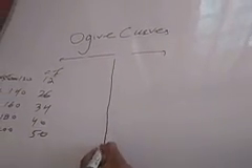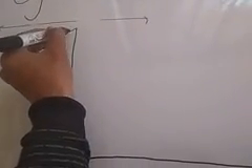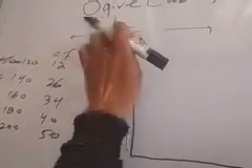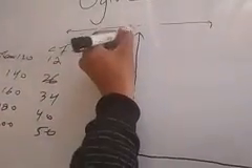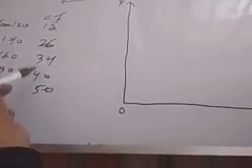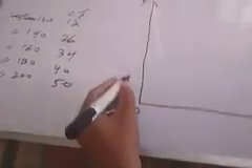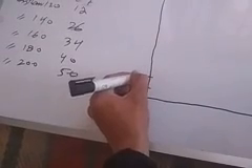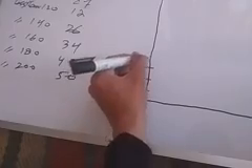Let us draw the graph. Cumulative frequency we will draw on the y-axis. This is the y-axis, this is the origin, and this is the x-axis. First of all, the minimum value is 12 and the maximum value is 50, so I will draw a gap of 10, 10.